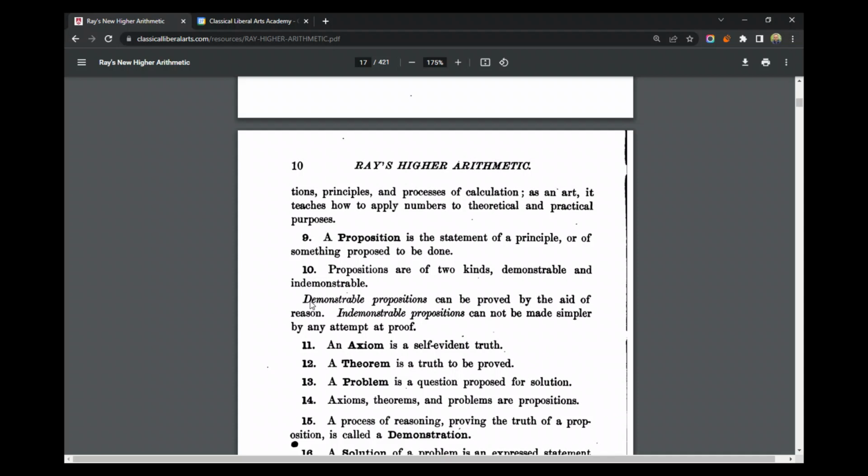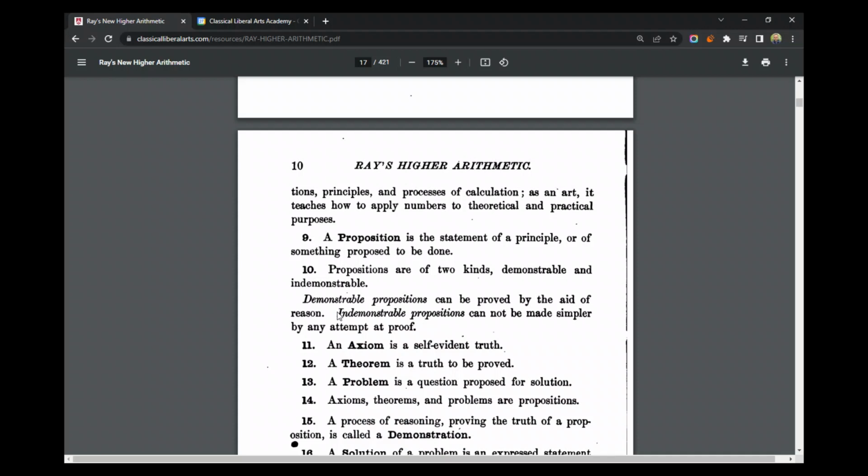That's what this word demonstrable means: able to be demonstrated. Demonstrable propositions can be proved by the aid of reason.